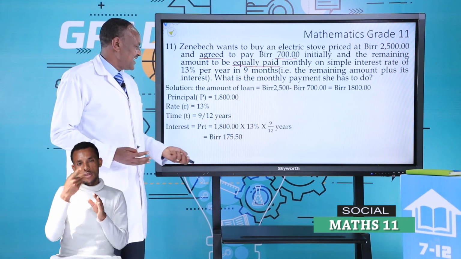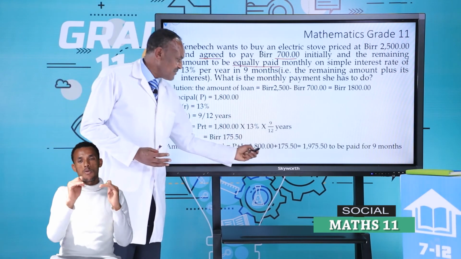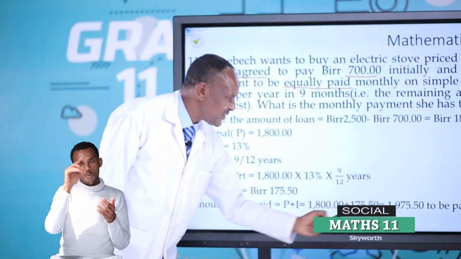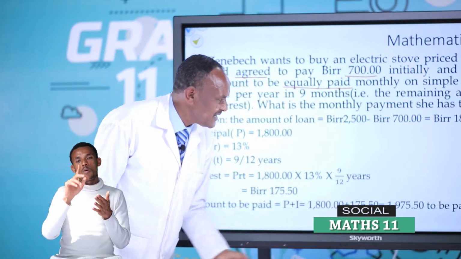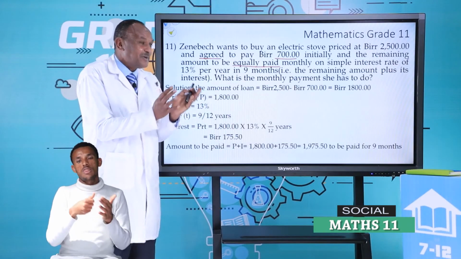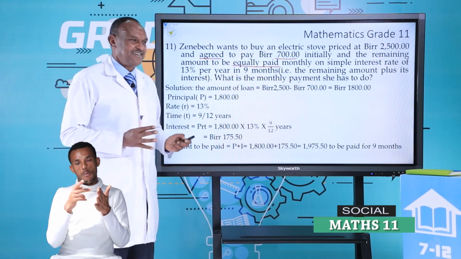At the end of 9 months, he expects the remaining amount 1,800 plus the simple interest 175 and 50. When this is added up, 1,975 birr and 50 cents comes. This is the amount that Nebet should pay within 9 months.